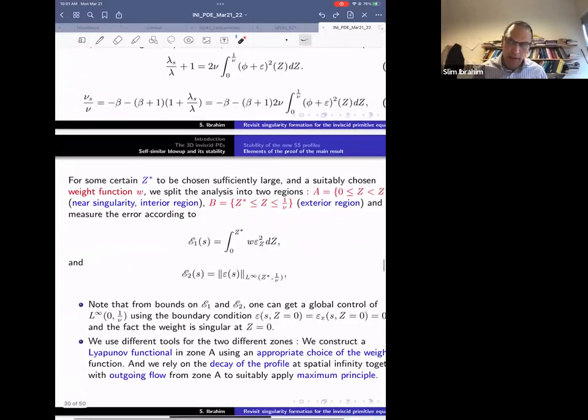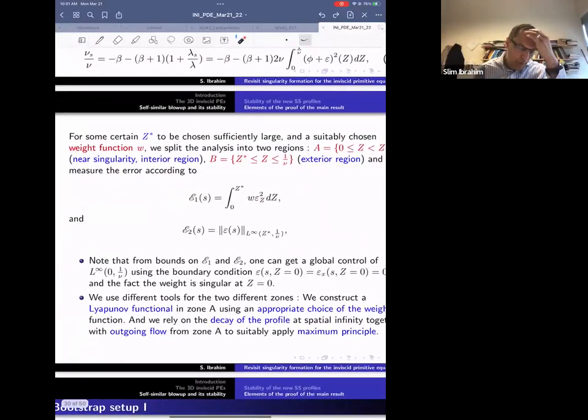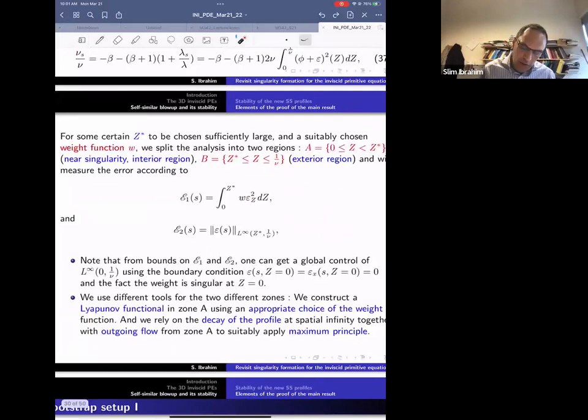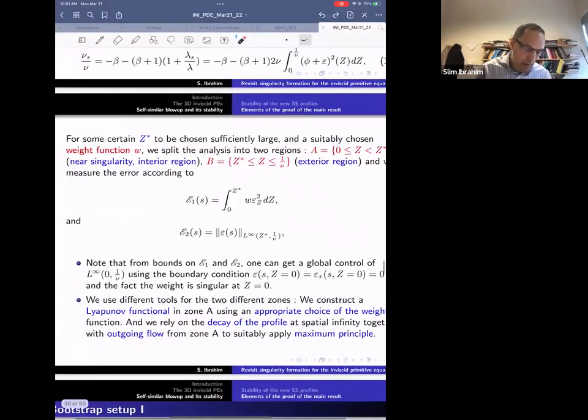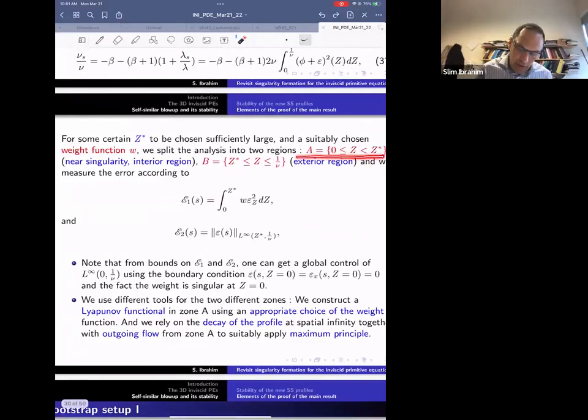Now we split the analysis into two regions. We take the interior region, where we fix some z star. Z star is a fixed parameter that we will fix at the end of the analysis. Then we study this interior region, z between 0 and z star, and the region at infinity, or the exterior region, when z is bigger than z star and less than 1 over nu. We measure the error in two different norms, depending on the region.